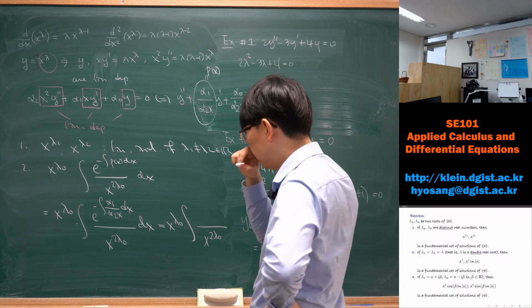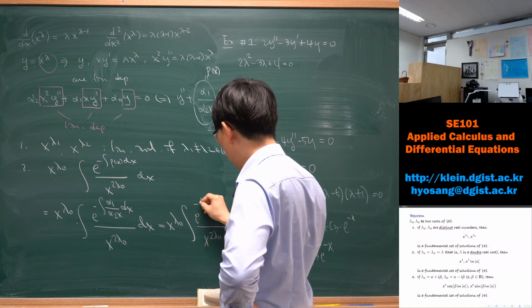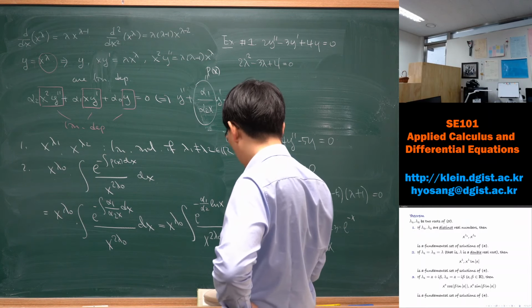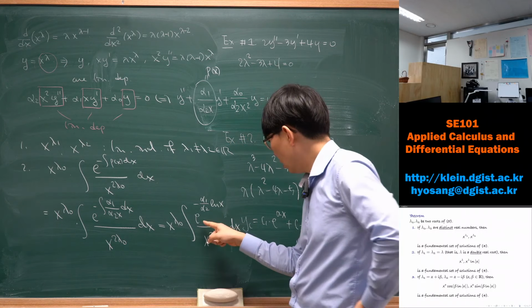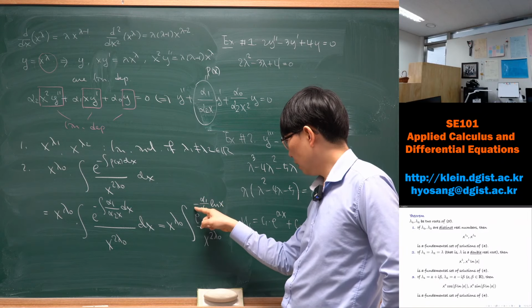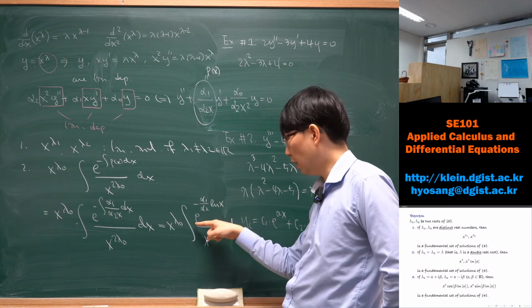We have e to the minus alpha 1 over alpha 2 ln x, and you see this coefficient becomes the exponent of x inside of the log, and e and log cancel out.